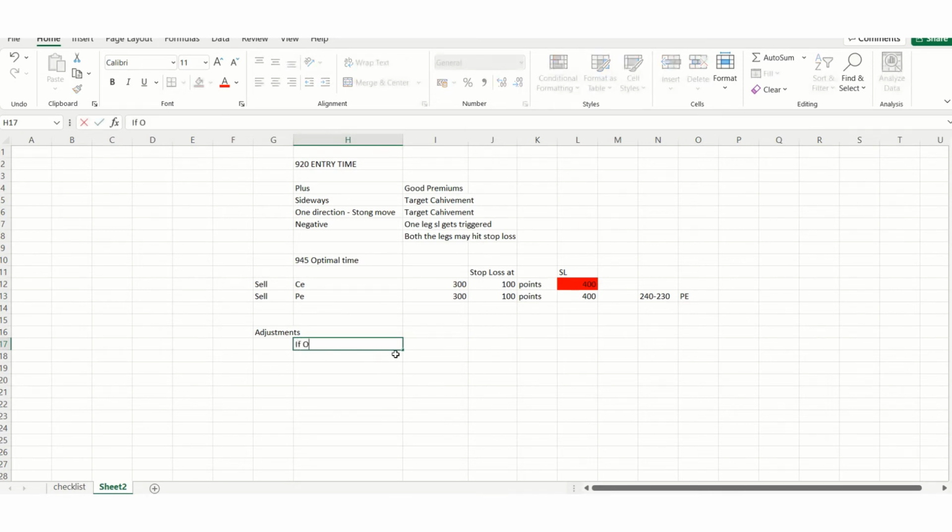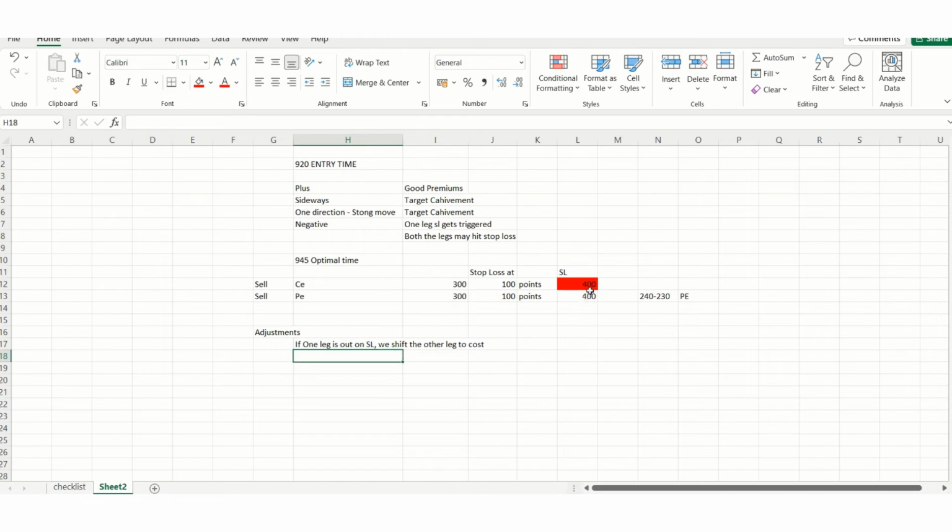So what we do, if one leg is triggered, then we shift the other leg's SL to cost.